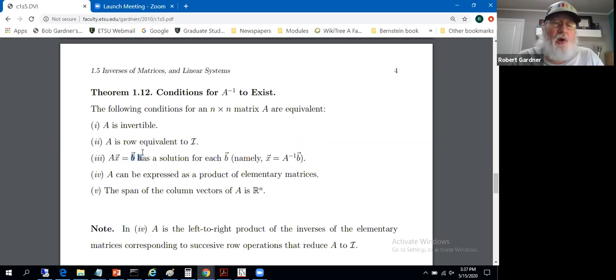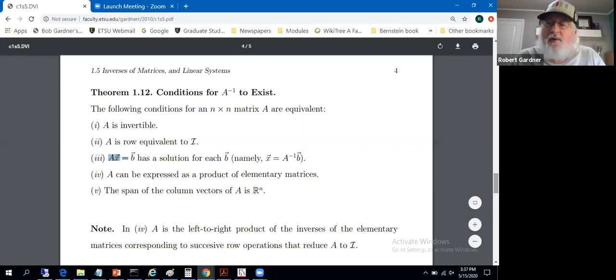So part 3 and part 5 really say precisely the same thing in different terminology, arguably different settings. Up here, we're talking systems of equations, and down here, we're talking spans of column vectors. Well, when you talk systems of equations of this form, you're talking about a linear combination of columns. So different terminology, exact same concept.